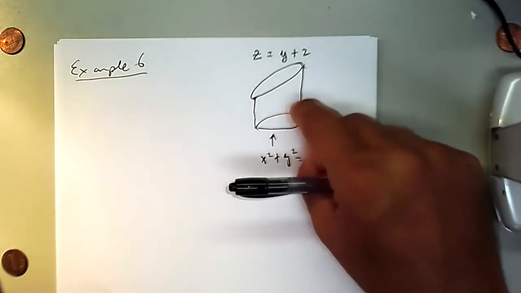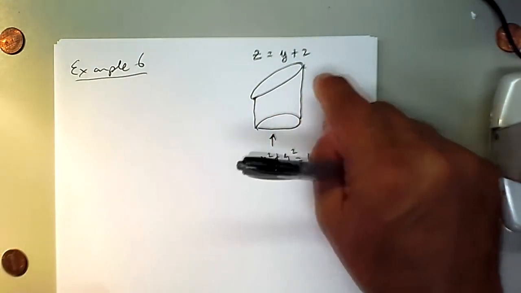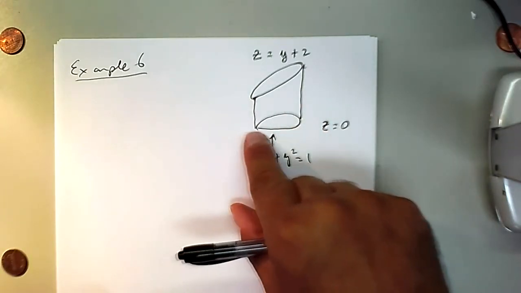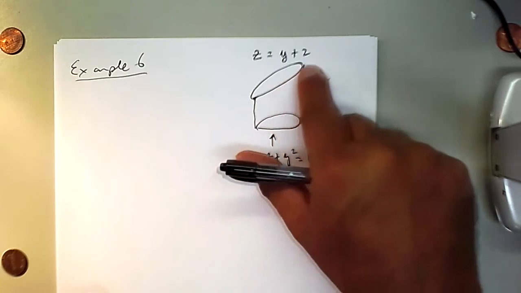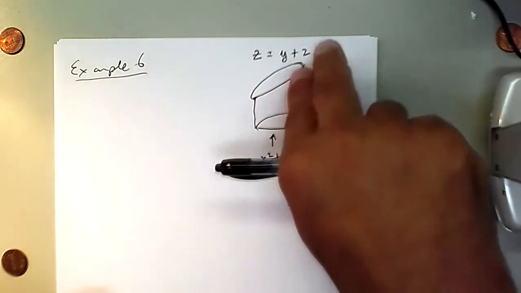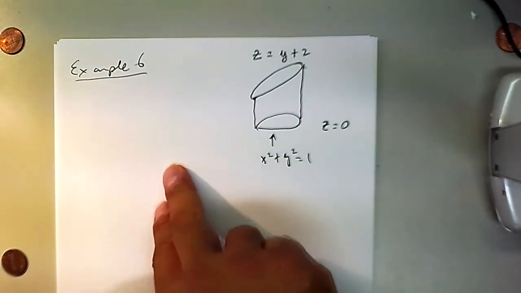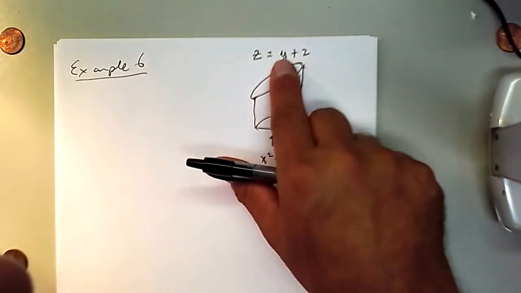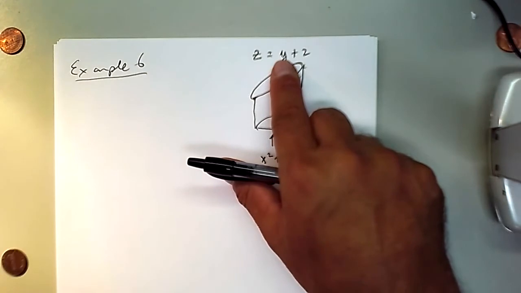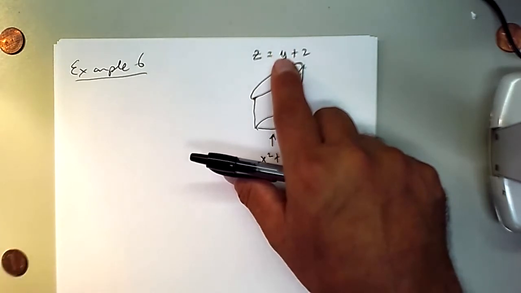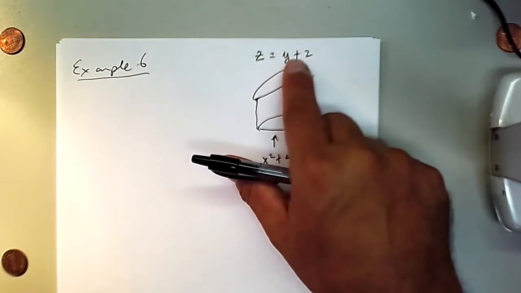This is the solid. So it's a truncated cylinder. On the bottom, it is flat, horizontal. On the top, it is not horizontal. It is cut at a 45-degree angle because here we have a slope of 1, and a slope of 1 is the same thing as tangent of an angle equal to 1, which is pi over 4.